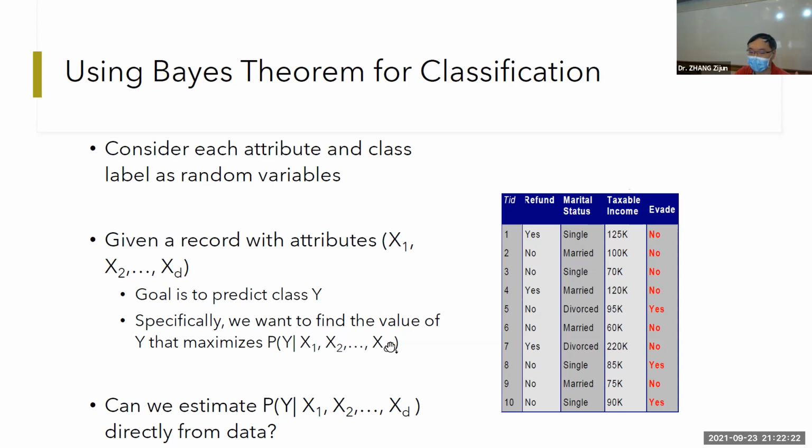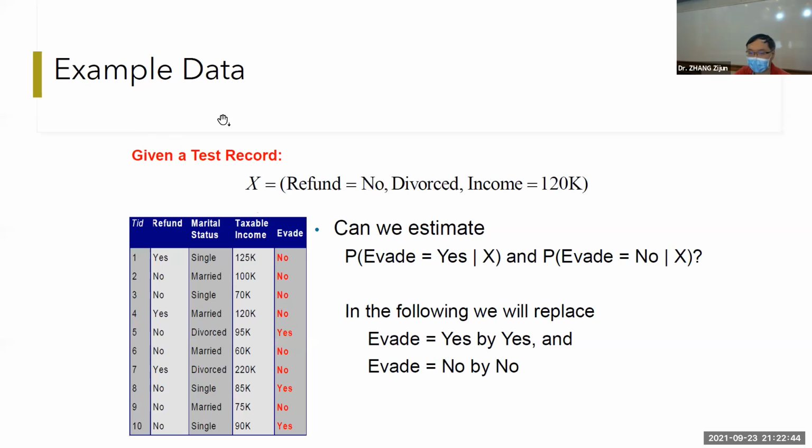The next question is, we want to select a y which has the maximal P(y|x1, x2 to xd). Then how can we estimate this conditional probability, y conditioned on x1 to xd, from data? Here we use an example, given a record x with refund equal to no, marital status equal to divorced, income equal to 120K.